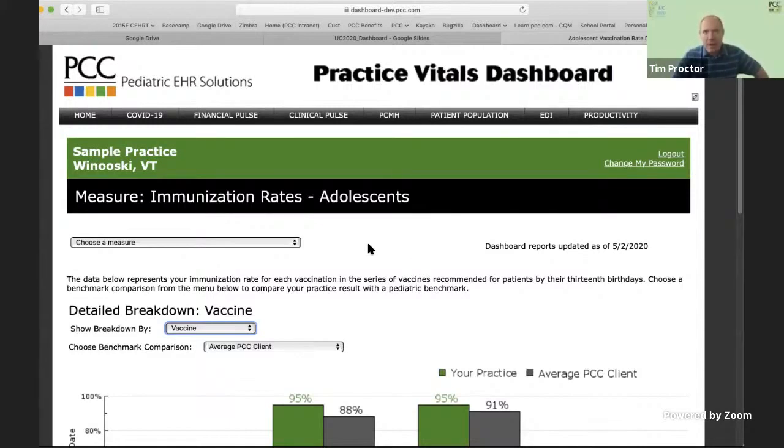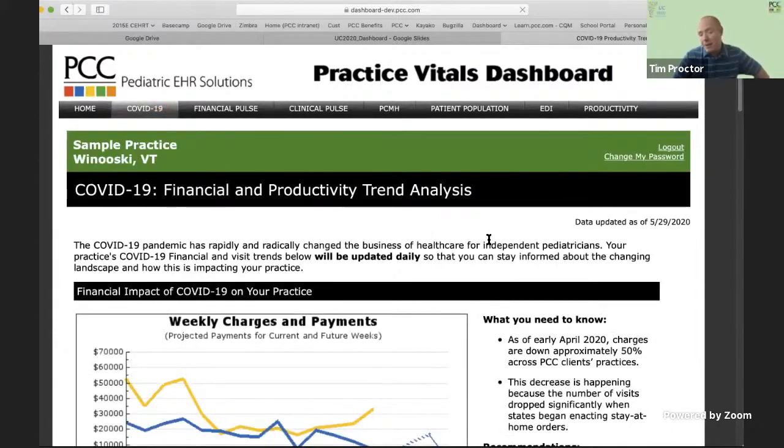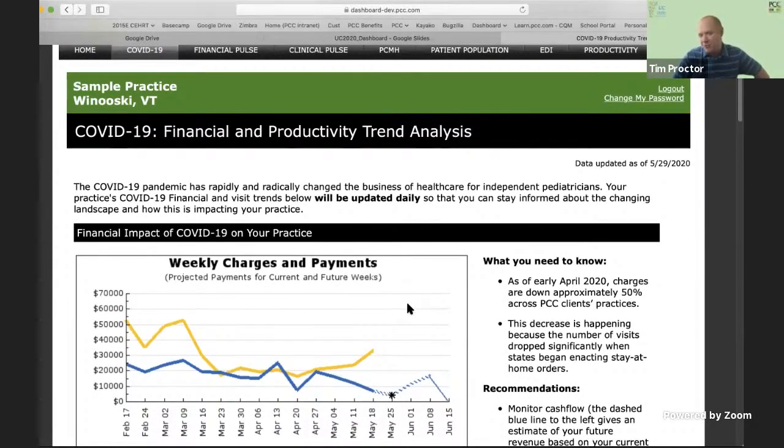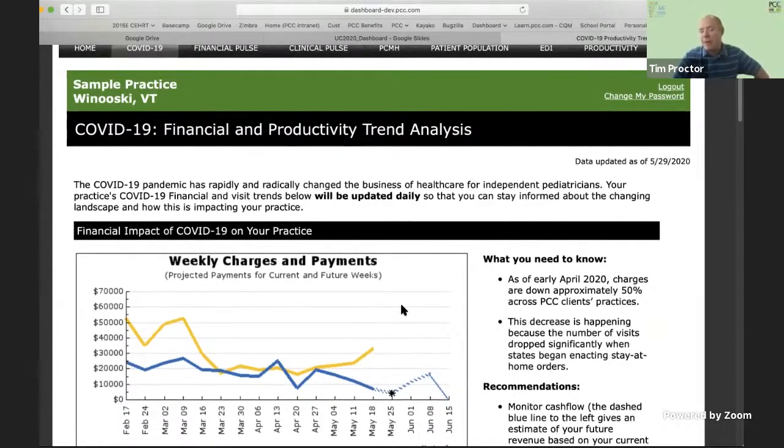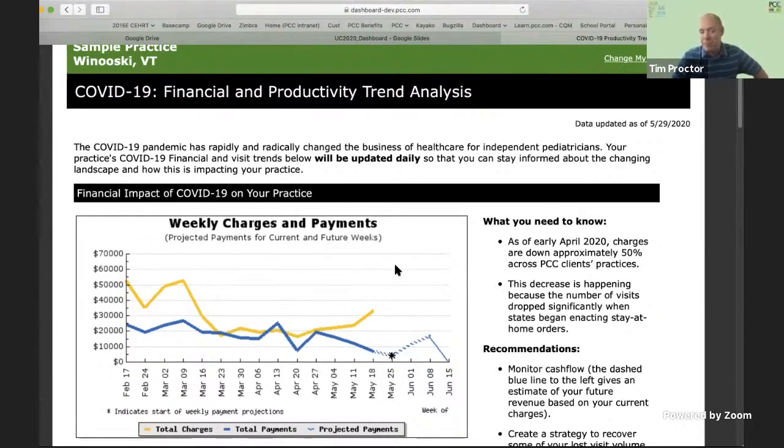Yeah, so there isn't any appointment data that we're showing in here. Most of what you're seeing in here is all based on billing data, what you've billed out. We've considered on the COVID page, for example, to give an indication of what percentage of encounters hadn't yet been billed.